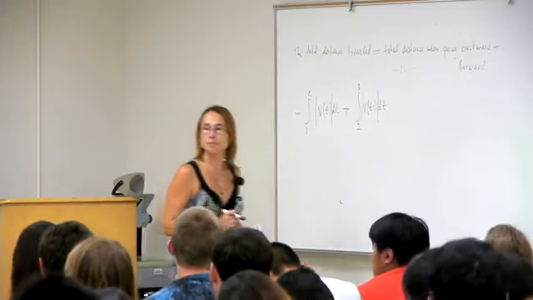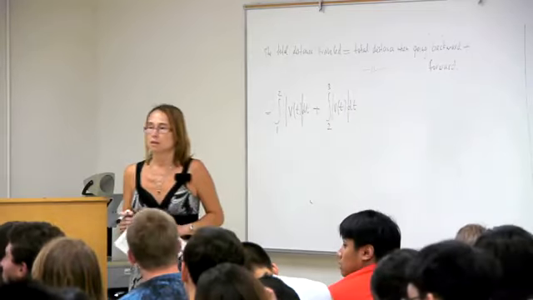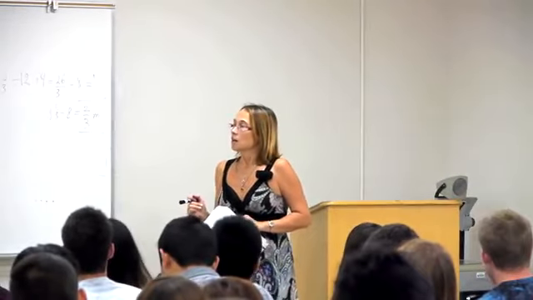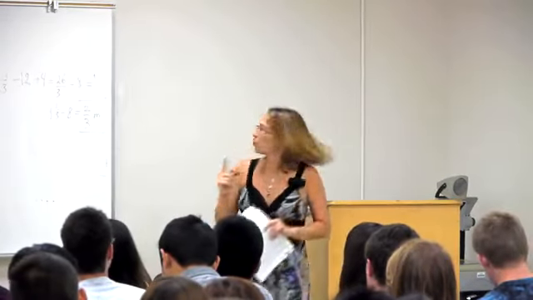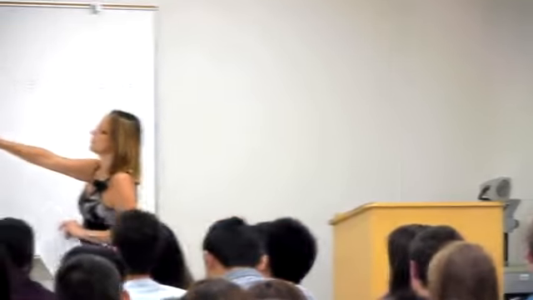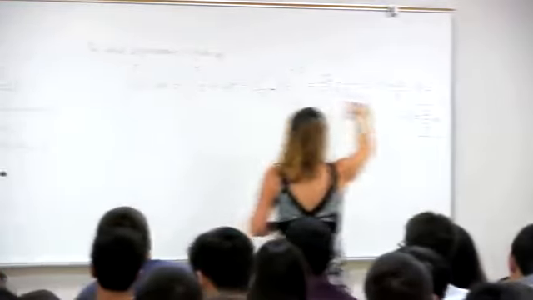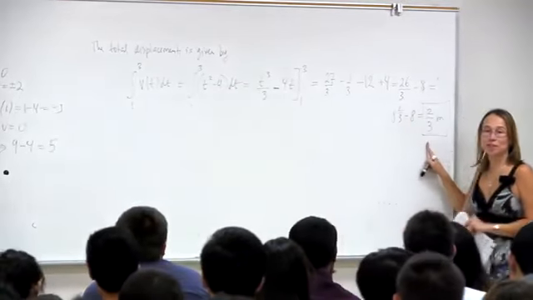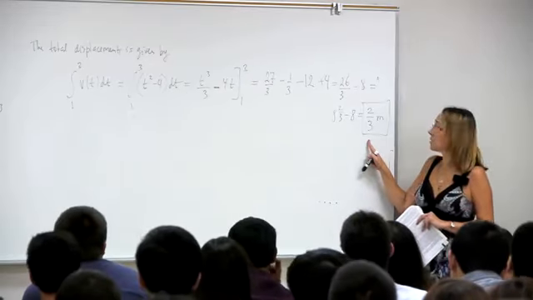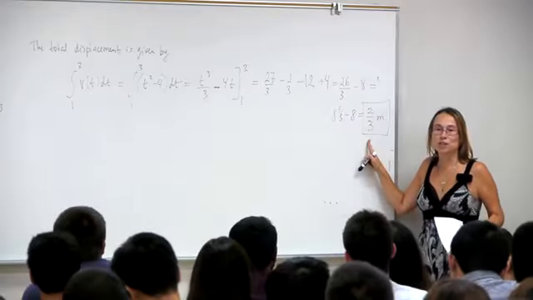Questions about this? Question? Could you do it from 1 to 3 and then just put the absolute value on the whole function? No, for the following reason. When I did it from 1 to 3, and I obtained the answer, it's already too late. When I put the absolute value on this, it won't change.